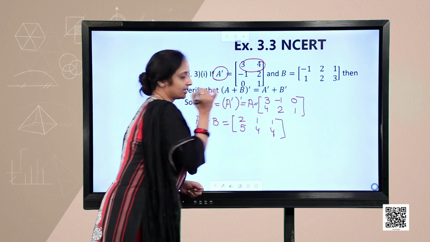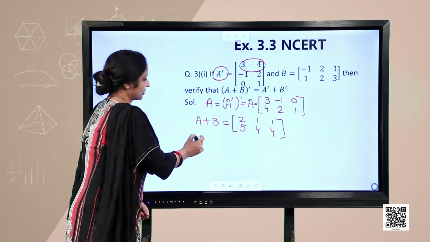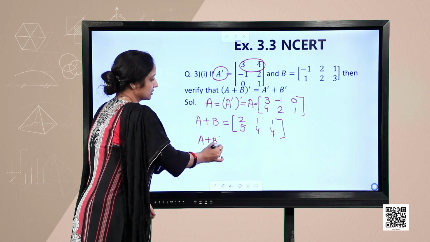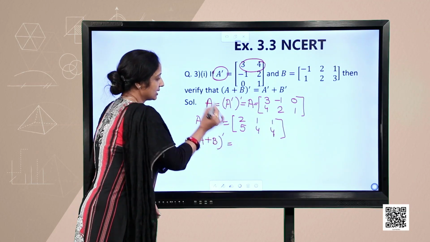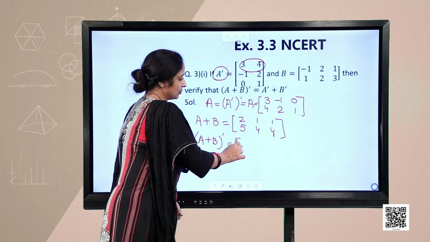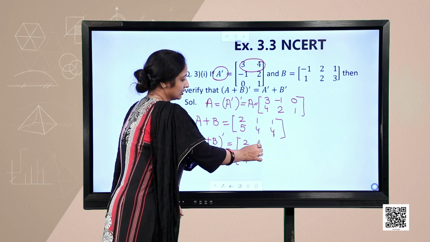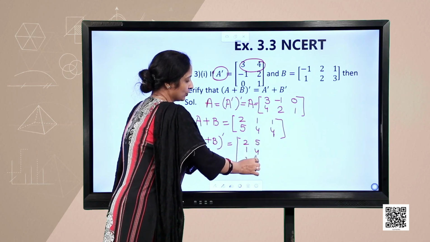So, this is our matrix A plus B. After that, we are supposed to take its transpose, A plus B whole transpose. That means, you have to make it like this: 2, 1, 1, 5, 4, 4.